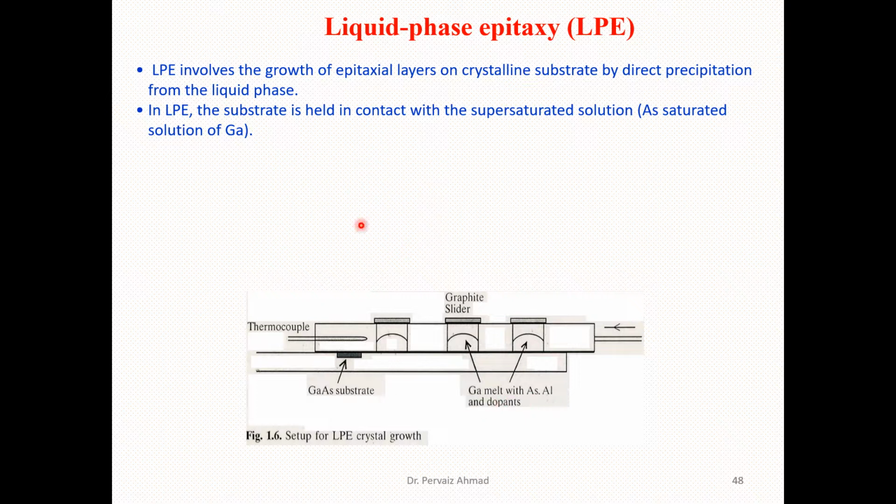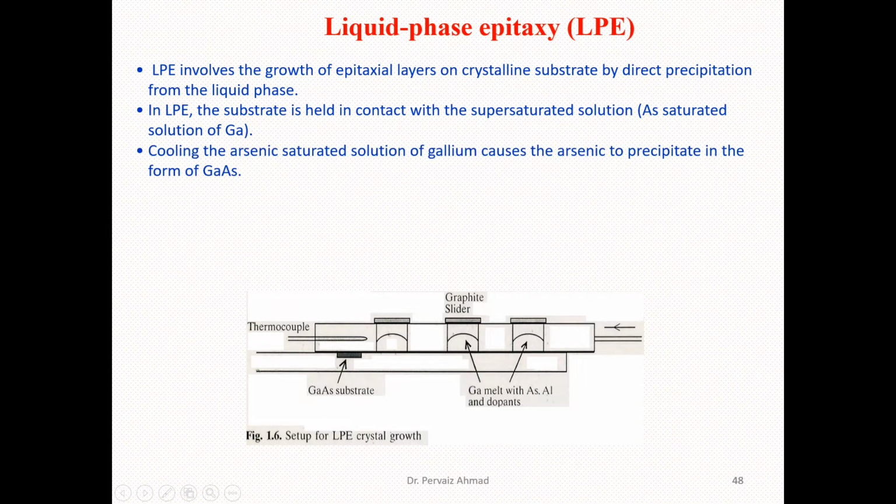So in LPE the substrate is held in contact with the supersaturated solution. Cooling the arsenic saturated solution of gallium causes the arsenic to precipitate in the form of gallium arsenide.